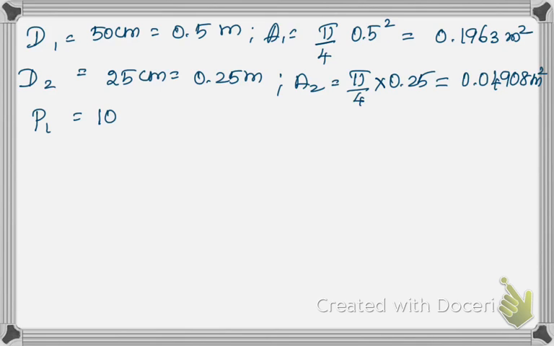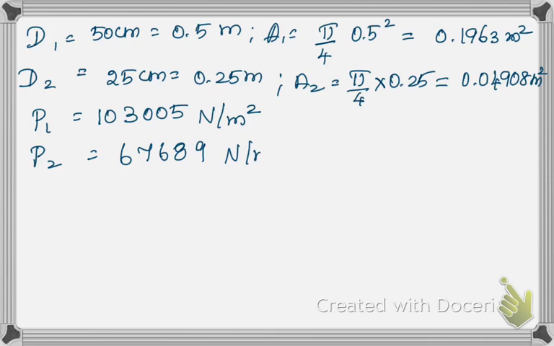P1 is 103,005 Newton per meter square, and P2 is given as 67689 Newton per meter square, and the coefficient of contraction Cc is equal to 0.65. So these are the things that are given to us in the problem.